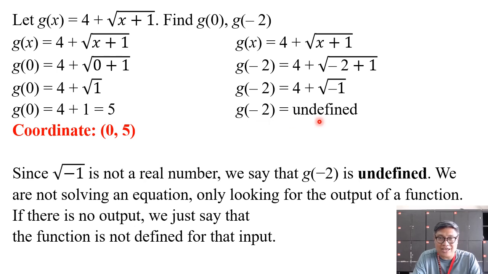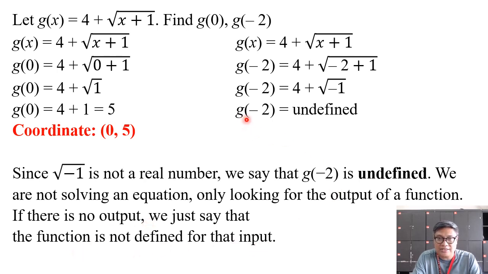So it's not really an error, class, okay? Because the square root of negative 1 is not a real number, that's the reason why we just say that g of negative 2 is undefined. So we are not solving an equation, as I said before. We are simply looking for the output of a function. So if there is no output, then we just say that the function is not defined for that input.